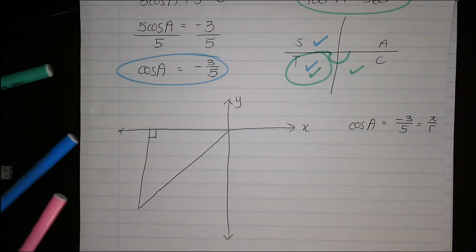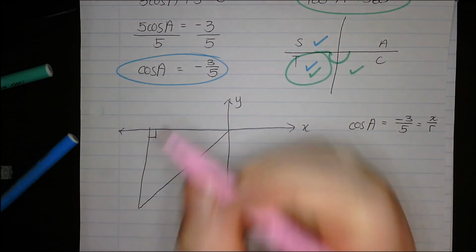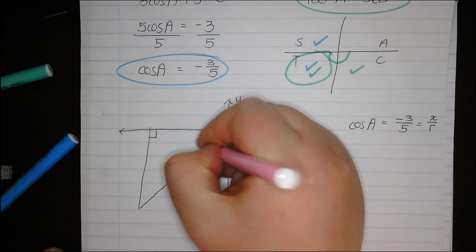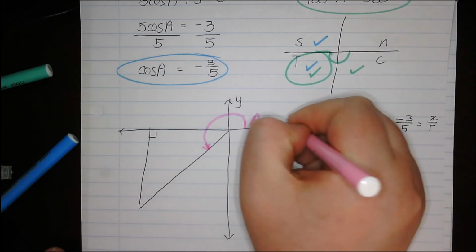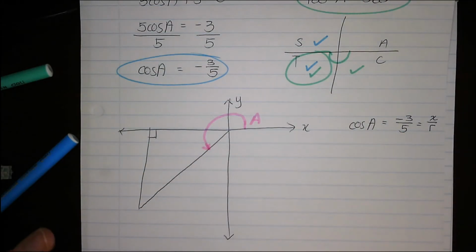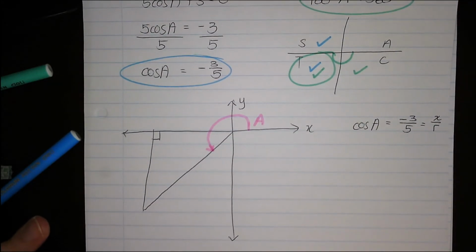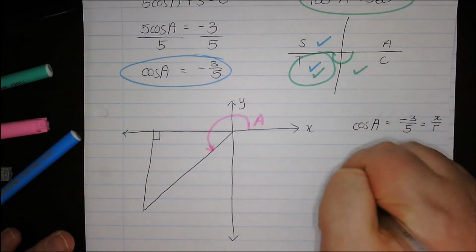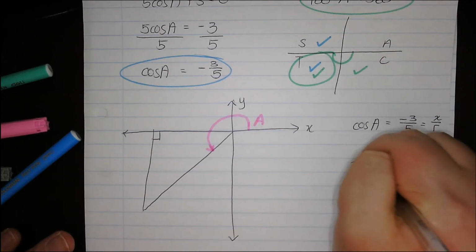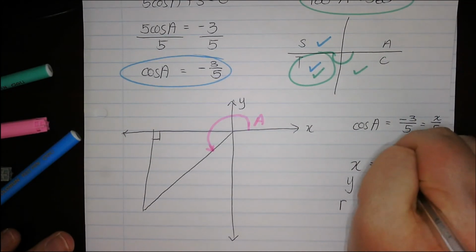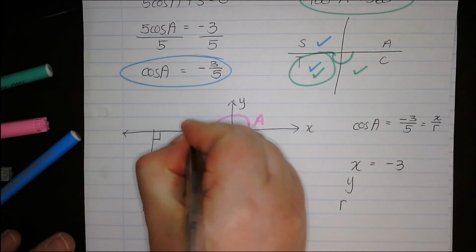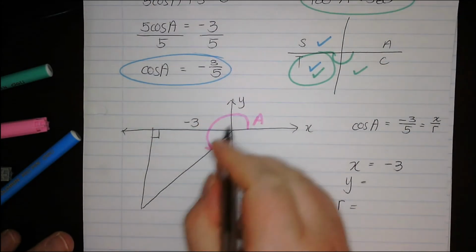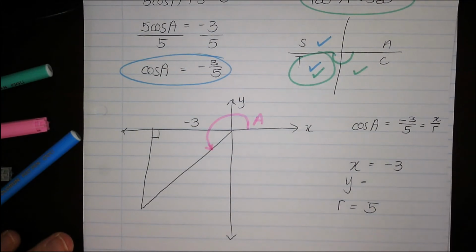I just want to point out this is the angle A. For anyone who's unsure, A is measured from the positive x-axis to the radius. So x, y, and r. X should be negative 3 because it's on the negative x-axis. Y is what we don't know, and r is always positive, it's 5.